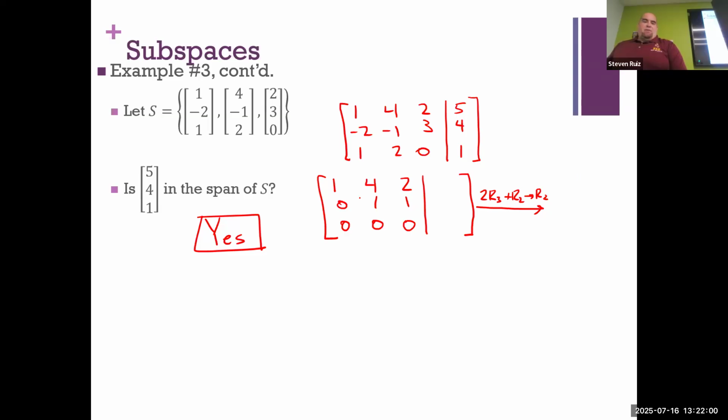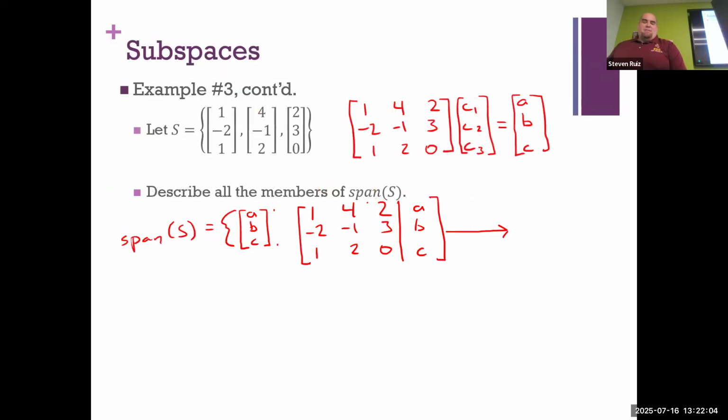I'm looking at the wrong slide. Two row 3 plus row 2 to row 2.